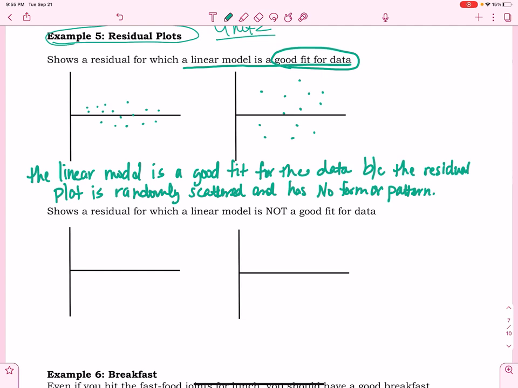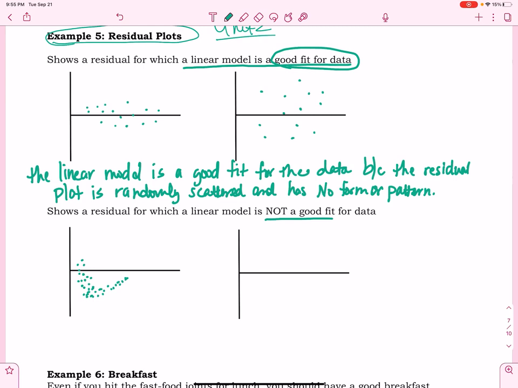That's what we want. Okay, so if you see a residual for which your linear model is not a good fit for the data, what would that look like? Well, that might look something like this. Okay, see how that's got a curve to it?